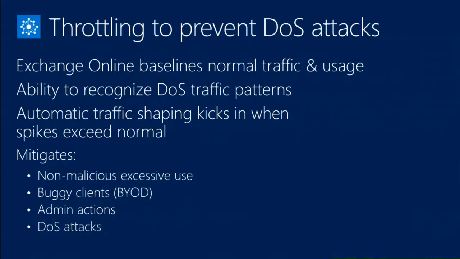So that's what we want to avoid. So we have built-in throttling. We monitor what kind of usage is happening. We establish a baseline of the kind of usage we are seeing, and if all of a sudden we see a spike, we throttle to make sure that there is no malicious attack going on, or that somebody's not just inadvertently having devices ping our service.